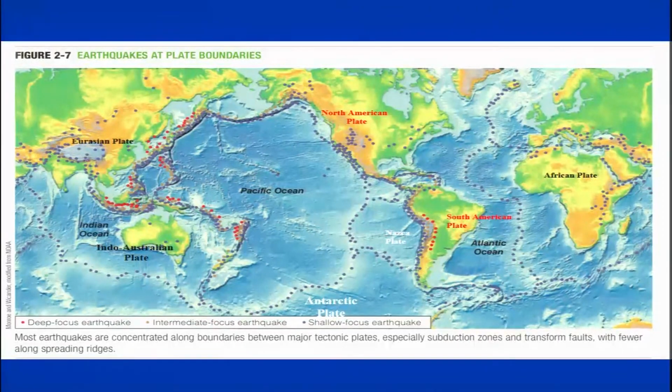Hence we have the collision plate boundary here, but in this portion, Sumatra, Andaman and Arakan, we have a subduction zone, where one plate is subducting beneath another, and mostly what you see here are shallow earthquakes. So the hazard posed by such earthquakes is very high, and the risk is also very high to the people who are staying in this region.